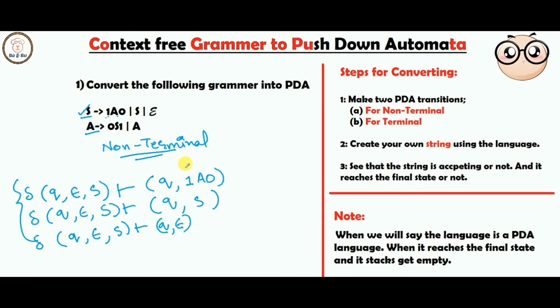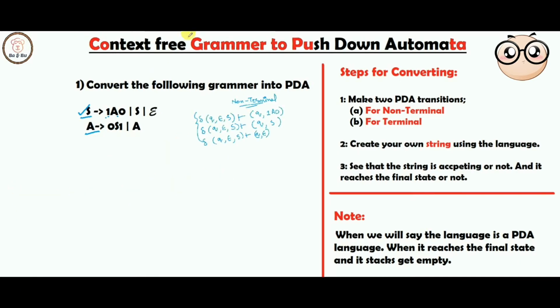Now I'm going to make them for the terminals. What are the terminals here? One is 1, another is 0, and the third one is epsilon. So I'm going to make PDA transitions for the terminals.